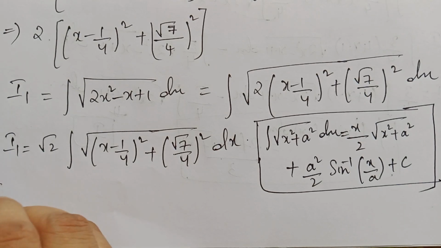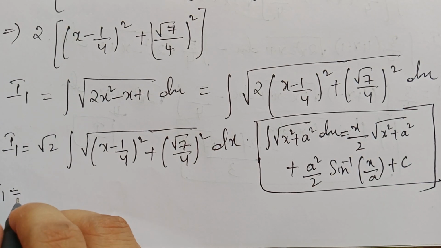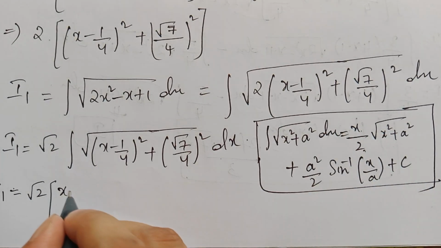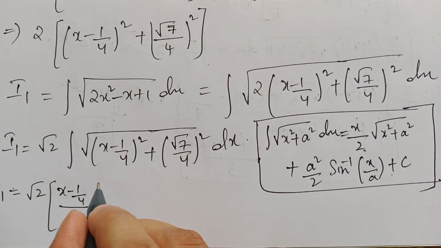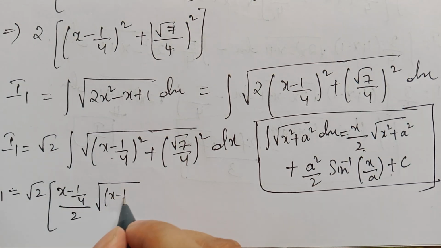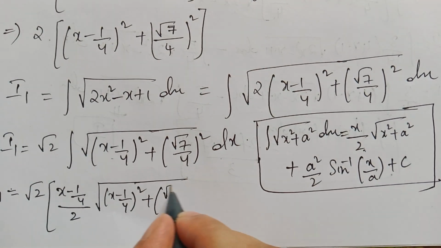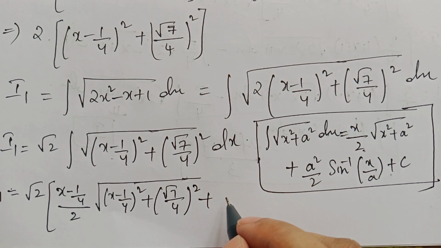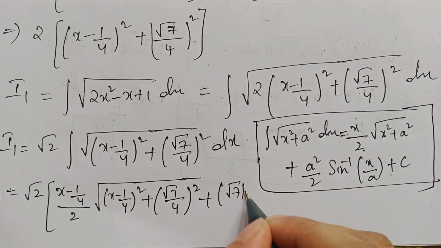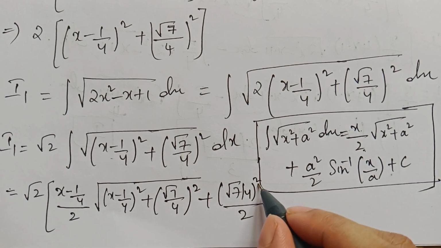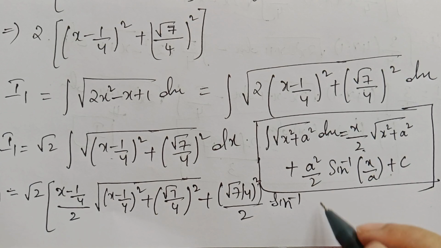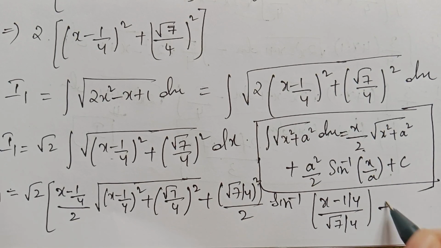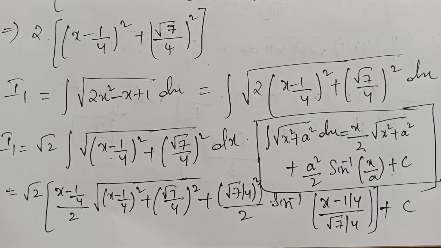Okay, so here I1 is equal to root 2 as it is, and first is x by 2, where the value of x is x minus 1 by 4, by 2, root of the same thing again, so x minus 1 by 4 whole square plus root 7 by 4 square, right, plus a square by 2. Here the value of a is root 7 by 4, whole square by 2, right, into sine inverse x by a, where x is x minus 1 by 4 and a is root 7 by 4, plus c. Now we have to solve this.